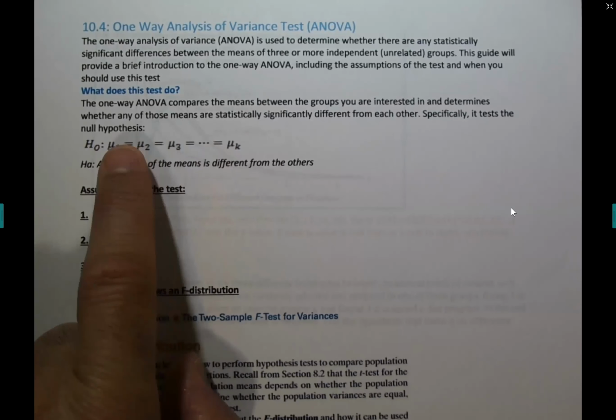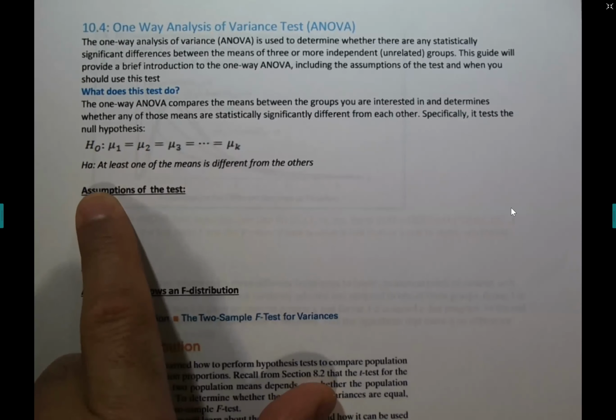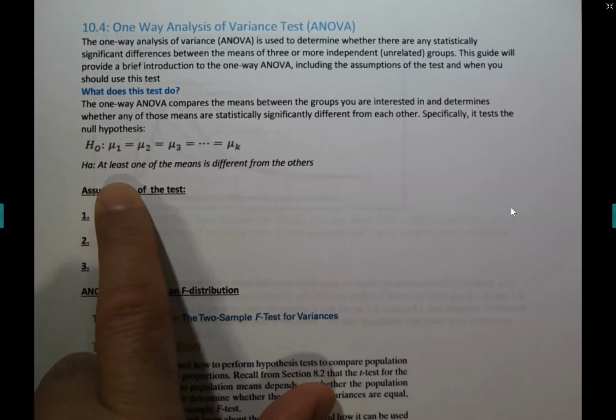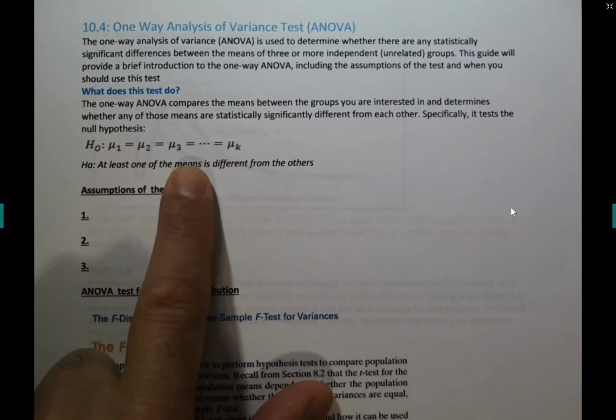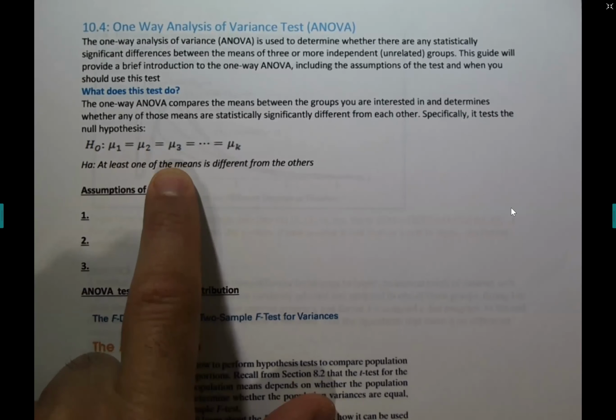If I give you 3 groups, you go up to mu3, but you cannot do less than 3, because with 1 or 2 you're back in chapter 8. HA, guys, you need to memorize this: at least one of those means is different from the others. That's the statement that you always have to write as your null and alternative. That does not change at all.